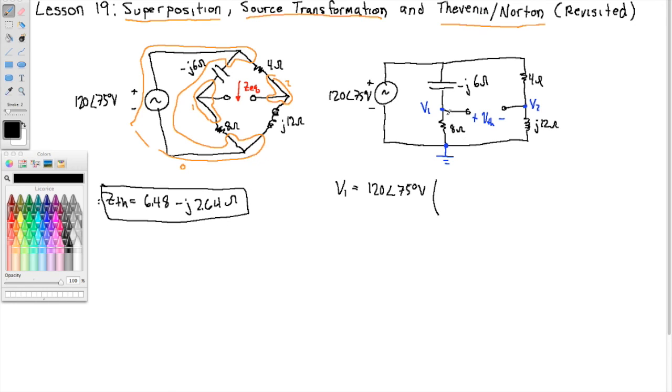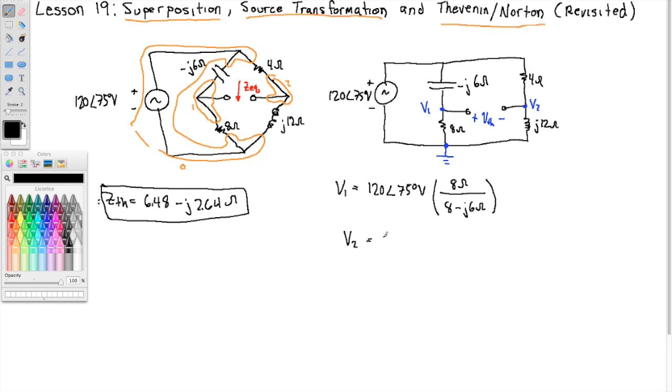times the impedance whose voltage I'm interested in. So I want the voltage across the 8 ohm, divided by 8 minus J6 ohms. Similarly, I get V2.